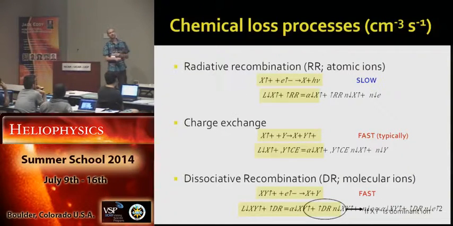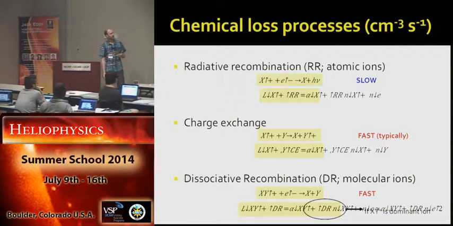And these reactions are typically very fast. So the loss rate, so number of reactions per cubic centimeter per second, is proportional to some rate coefficient, which sometimes is measured, sometimes just estimated, and then, of course, the relevant number densities of the ion and the neutral.